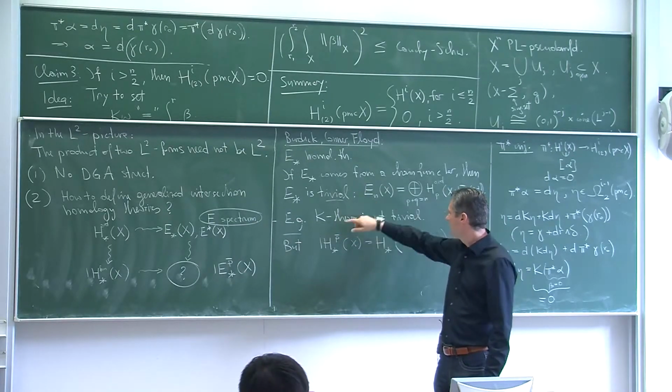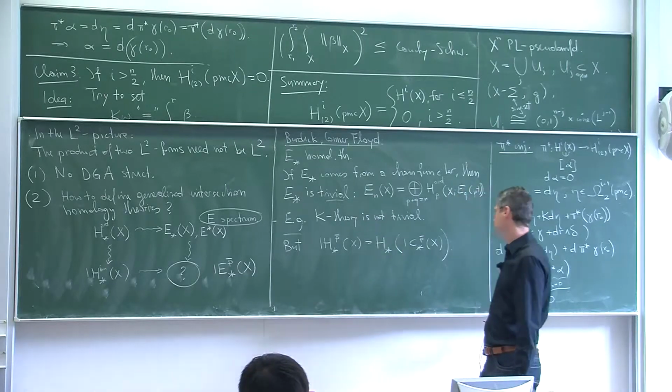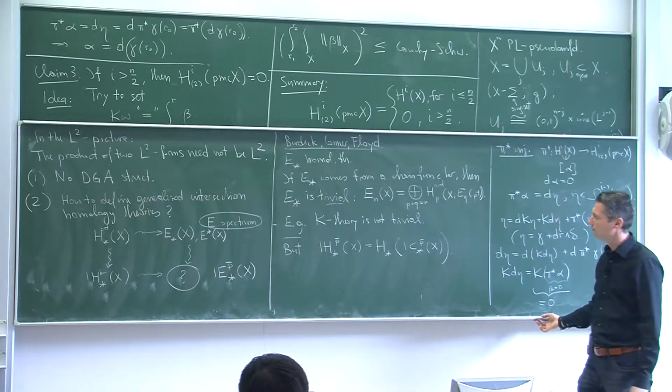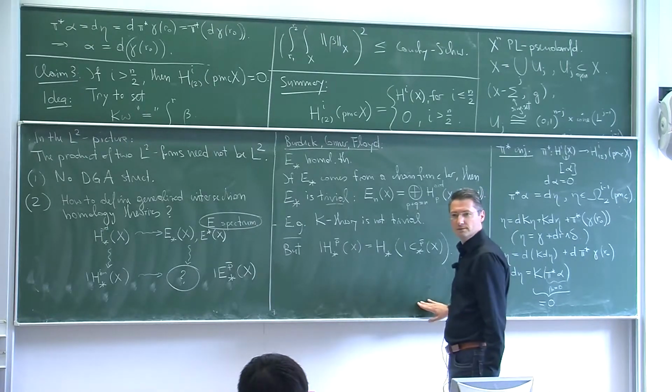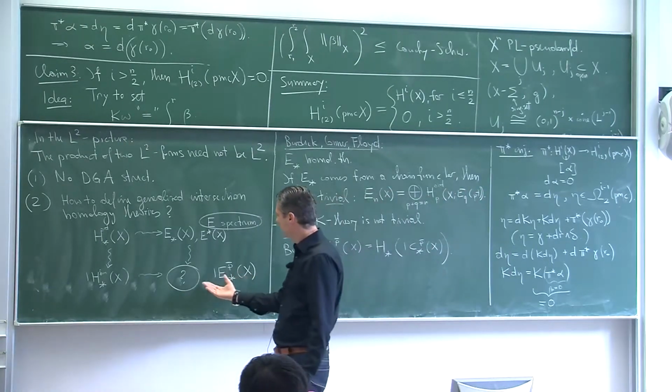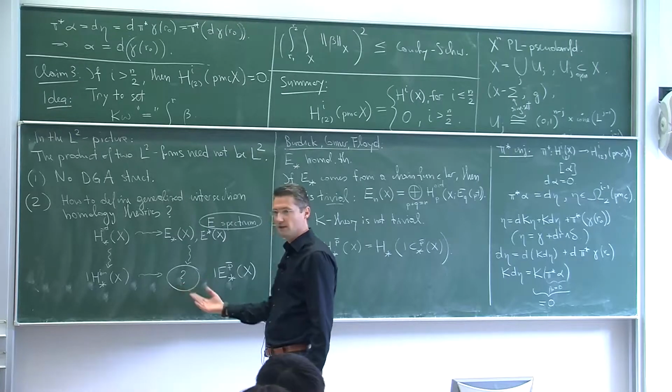Chain functors are too weak to express K theory, according to that theorem. So what to do? It's a very difficult old problem. What is intersection K theory?